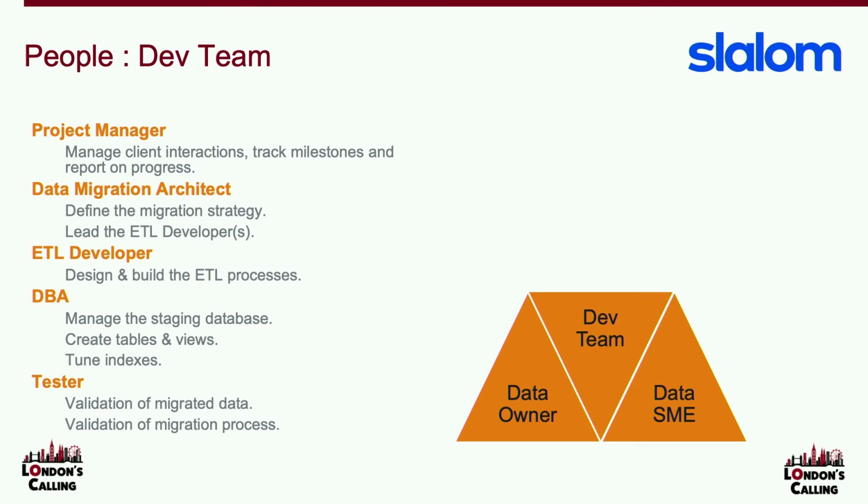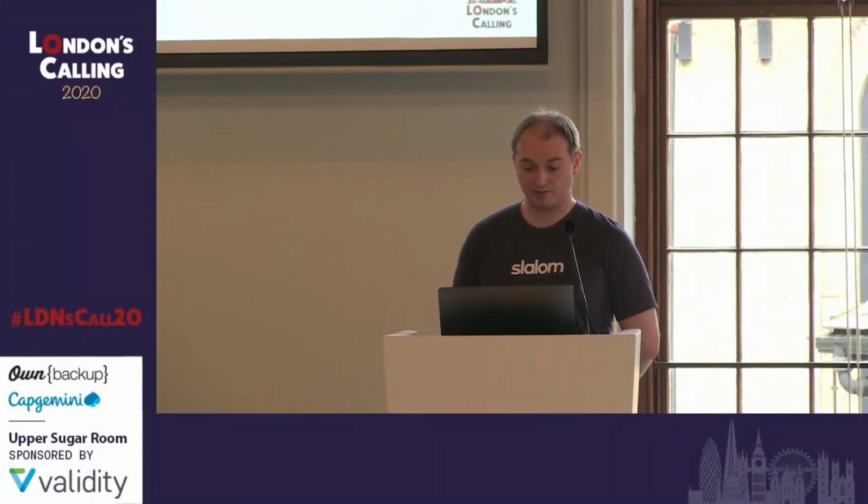It's also helpful to have a DBA if you're using a staging database to ensure that you've got indexes in the right place, that it's performing well and you've got no bottlenecks in your process. And then you want a really good tester, someone with a great eye for detail, who's going to be able to find those things that are a little bit awry in your process and help you fix them.